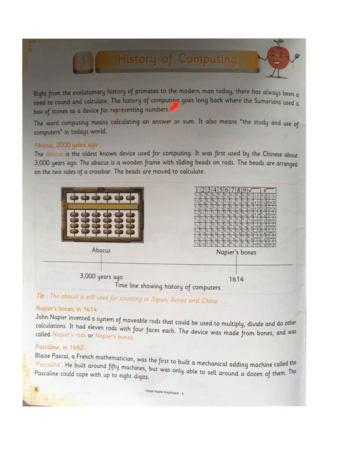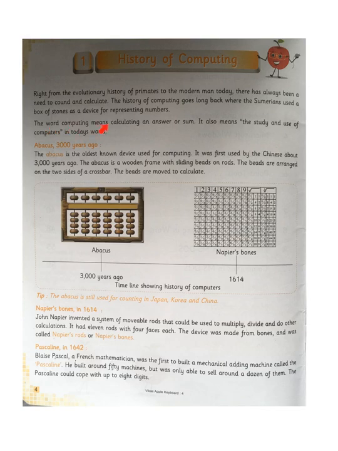The history of computing goes back a long way, when the Sumerians used a box of stones as a device for representing numbers. So, the history of computing, that is, counting things and performing simple calculations such as addition and subtraction, has been in use for a very long time.